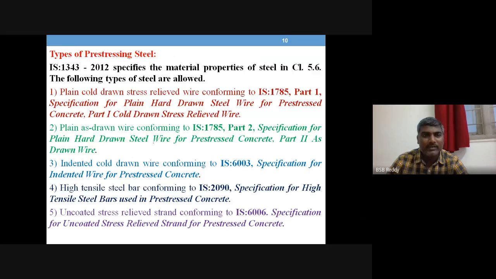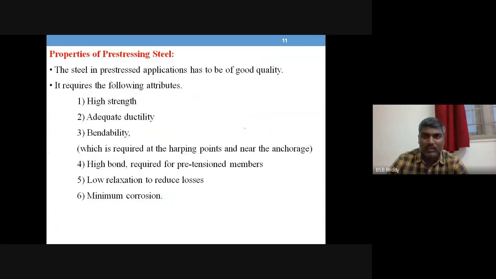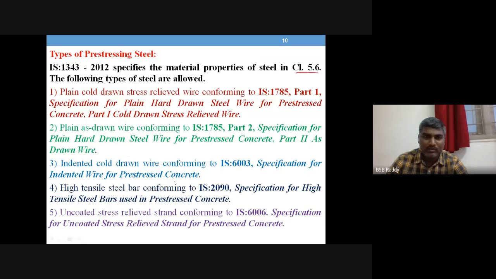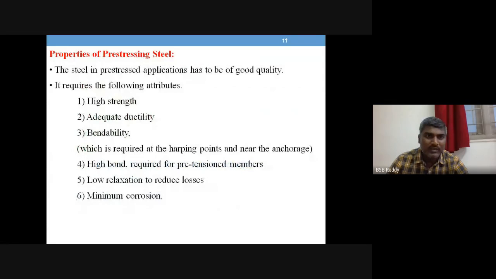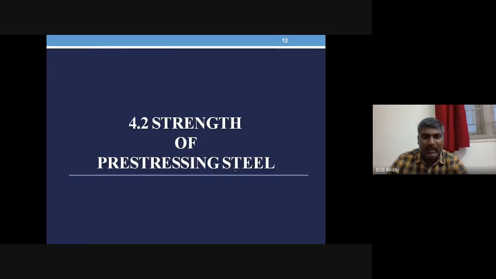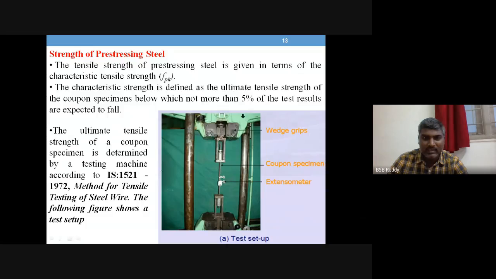Then types of pre-stressing steels depending on their treatment processes, and the IS code classes on that. Class 5.6 talks about these types, and then properties of pre-stressing steel, how the properties should be. Then strength of pre-stressing steel is tested with this type of testing machine, which is very similar to our UTM, Universal Testing Machine, where we'll be testing bars above 8 mm, like 10 mm bar, 12 mm bar, likewise.